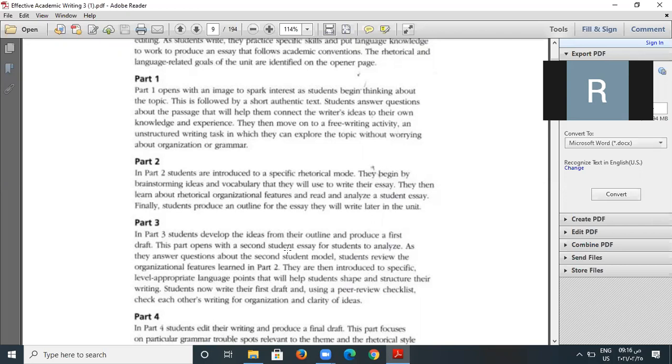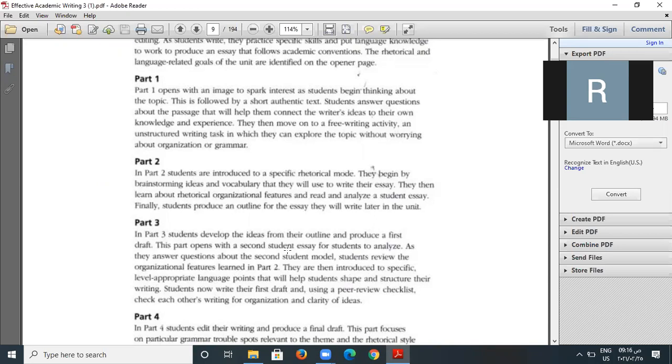And students review the organization features learned in part 2. In part 2 في عندنا organizational features, and in this case, when students answer the questions about the second student model, the model which a student wrote, as we are talking about you, students are writers, they review the organizational features that they have learned in part 2.